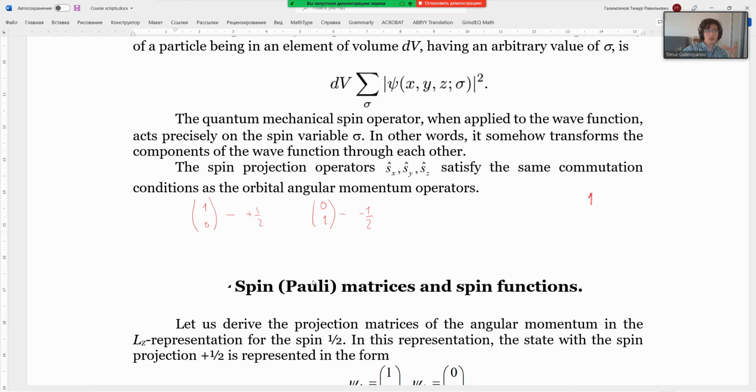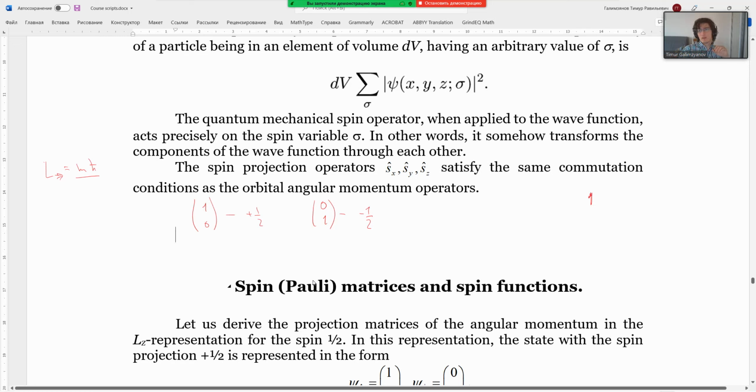However, before we showed that the angular momentum LZ can have only integer values. But if we introduce the conception of the spin, and the experiments show that it is so, the spin can have half integer projections.